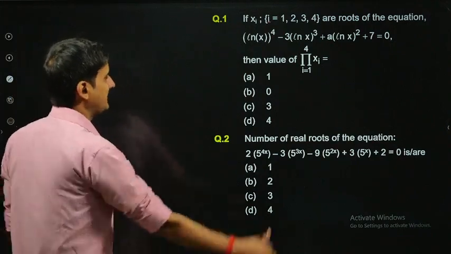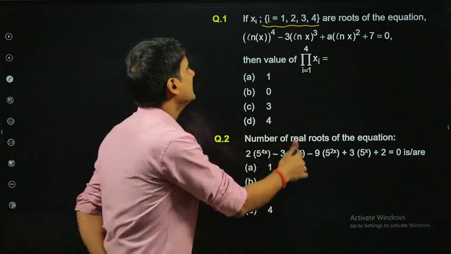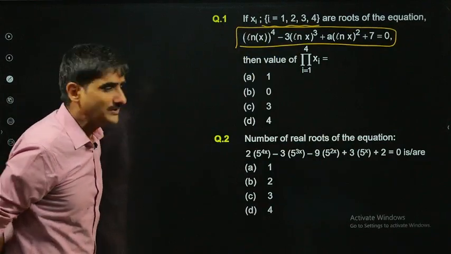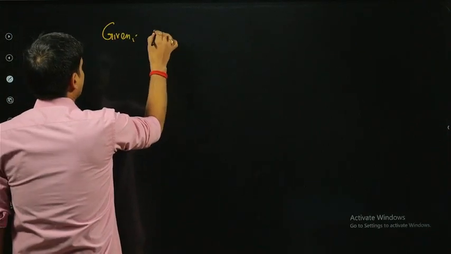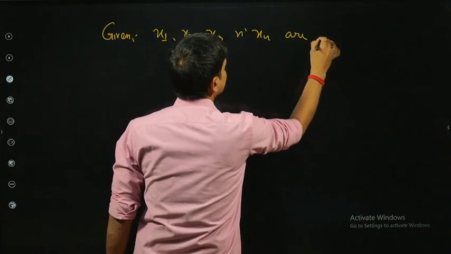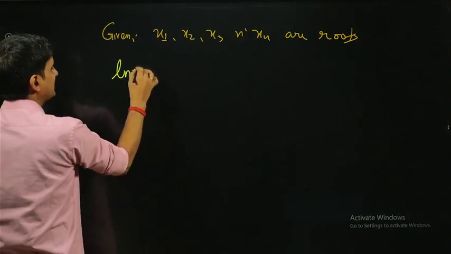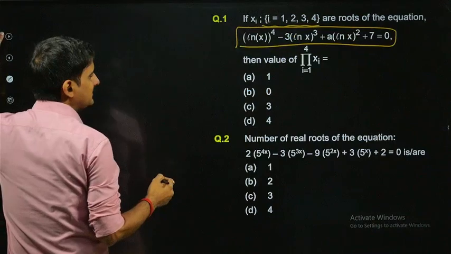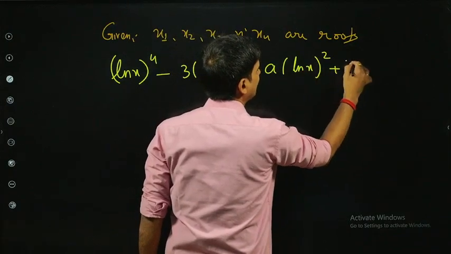Let's take up the first question here. The first question says if xi, where i is 1, 2, 3, 4, that means x1, x2, x3 and x4, are the roots of this equation. So these are four roots of the equation. And what's that equation? ln x raised to the power 4 minus 3 times ln x cube plus a times ln x square plus 7 equal to 0.